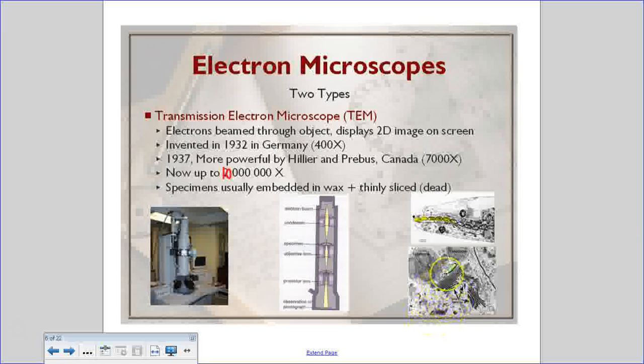But for a simple microscope, like what we would have, compound microscope at school, all we would be able to see is the nucleus in a cell. Okay, we can't see that much detail. We can't see the different organelles.